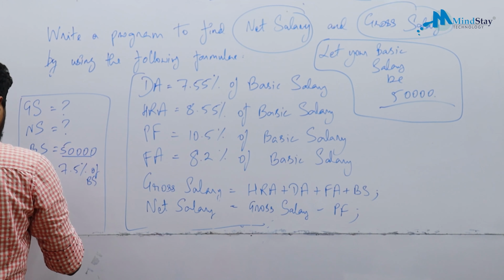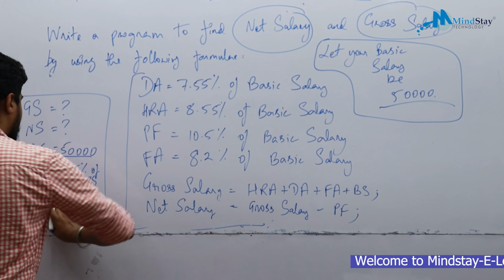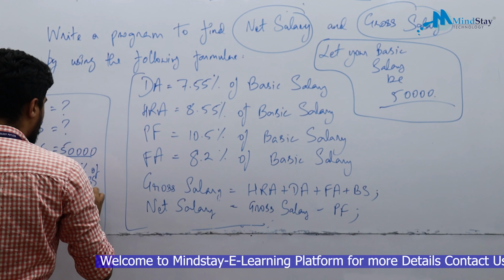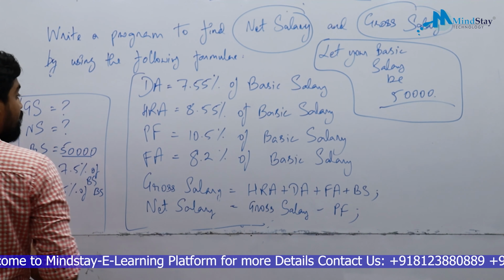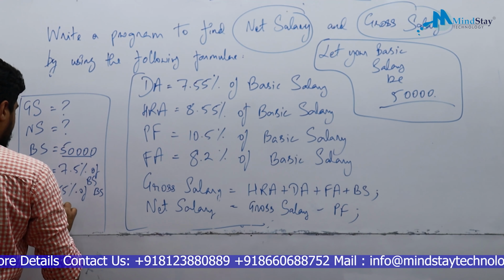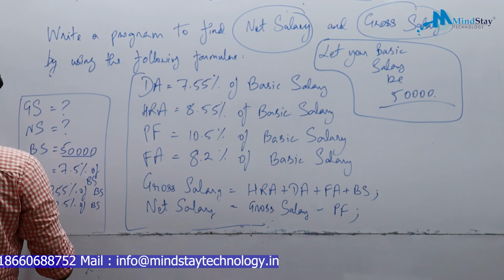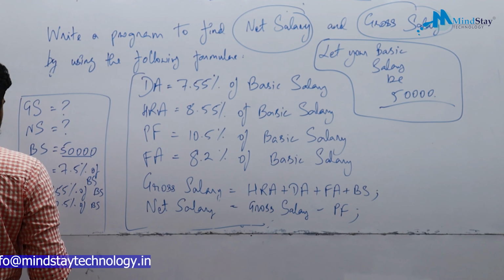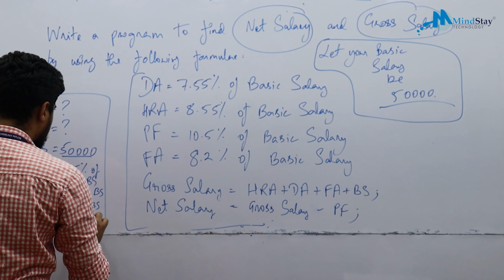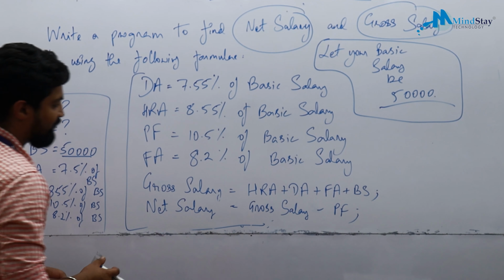Then you have HRA, which is 8.55% of BS. Then you have PF, Provident Fund, which is 10.5% of your basic salary. And you have FA, food allowance, which is 8.2% of your basic salary.